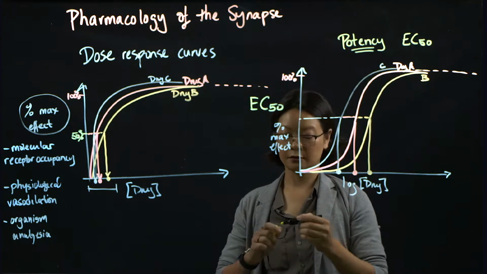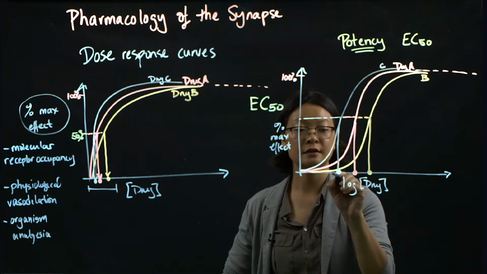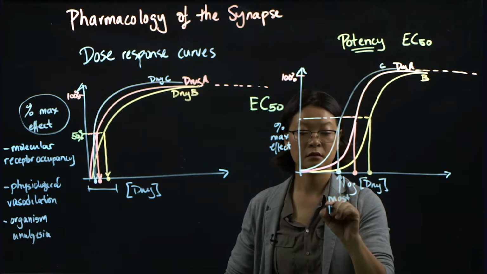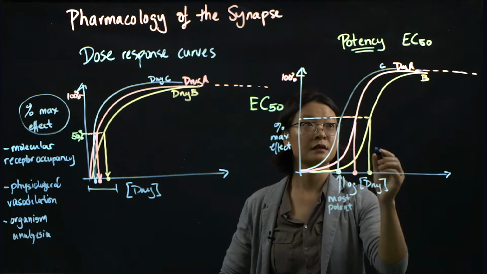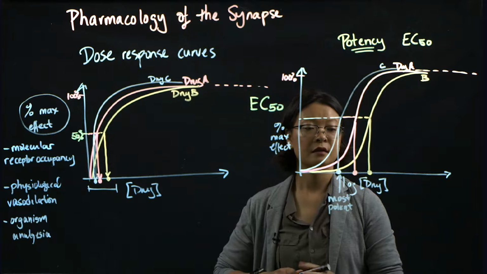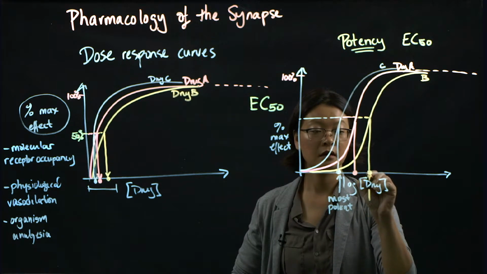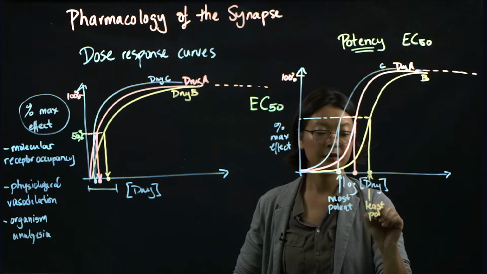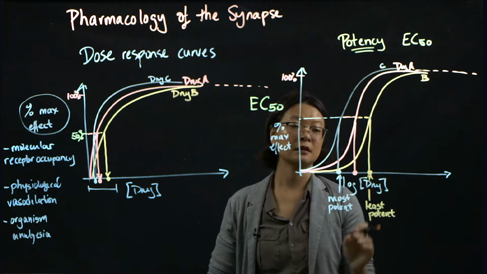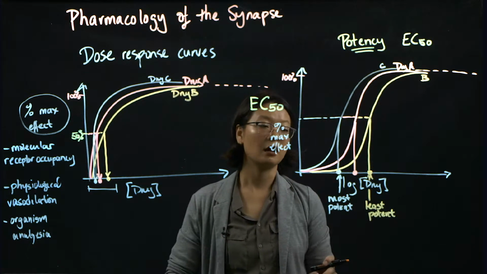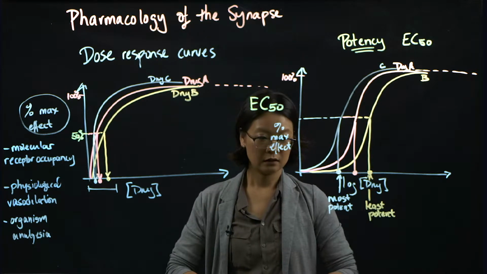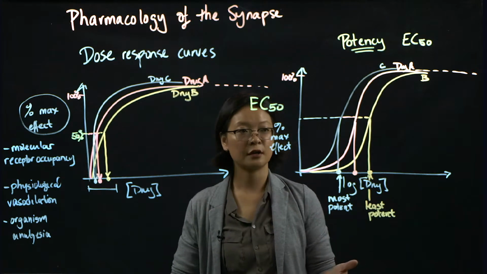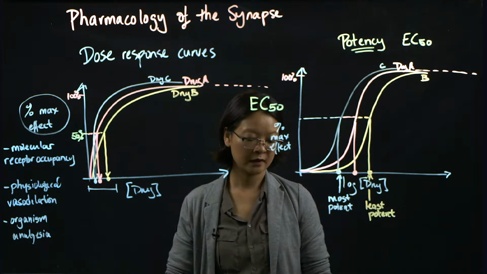So drug C here, which has the lowest EC50 concentration, is most potent, versus drug B, which has the highest EC50 concentration, is the least potent relative to the three drugs here. So potency is a relative measure based off of the EC50. This means that with a more potent drug, you use less of the drug concentration to produce your 50% maximum effect.